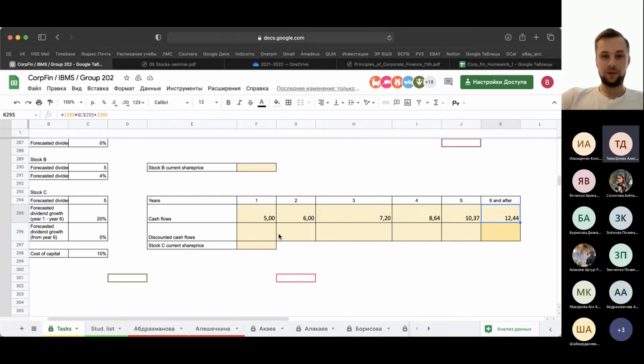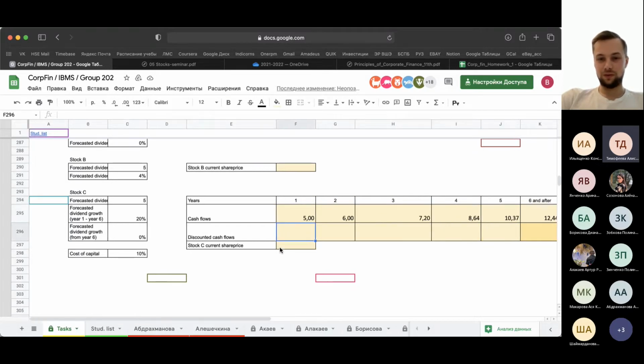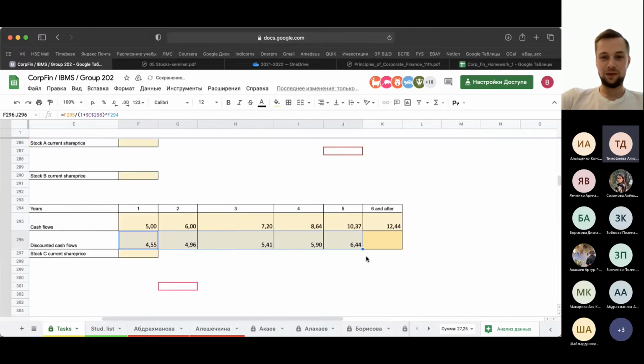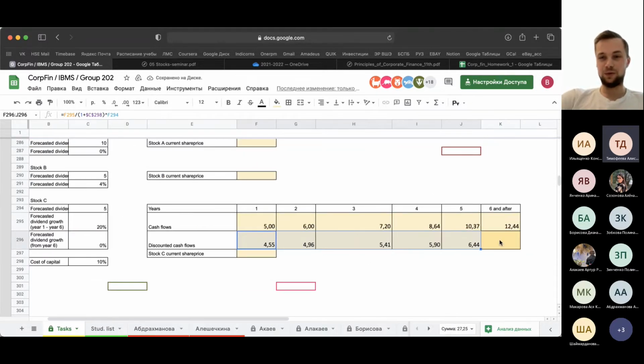So, okay, let's talk about year 1 till year 5. What are we going to have here in discounted cash flows? We need to divide by 1 plus 10%. Again, the formula for discounting, no sense to actually discuss it. So we discount the cash flows. The main question is what to do here.